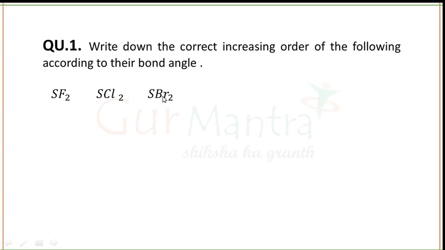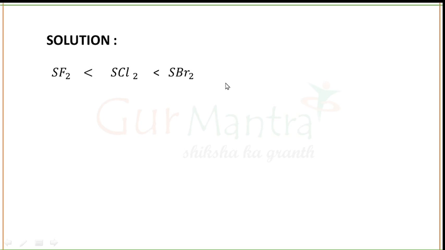So the correct sequence should be like this: SF2 should have the least bond angle as it has the most electronegative element, fluorine, while SBr2 should have the greater bond angle. Now I hope you all are clear about the electron geometry and VSEPR theory.